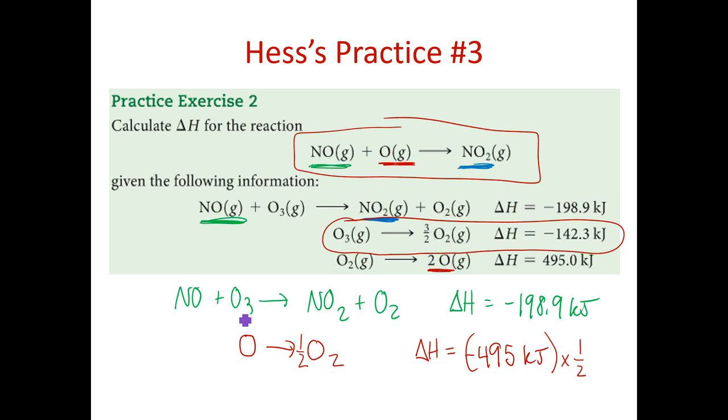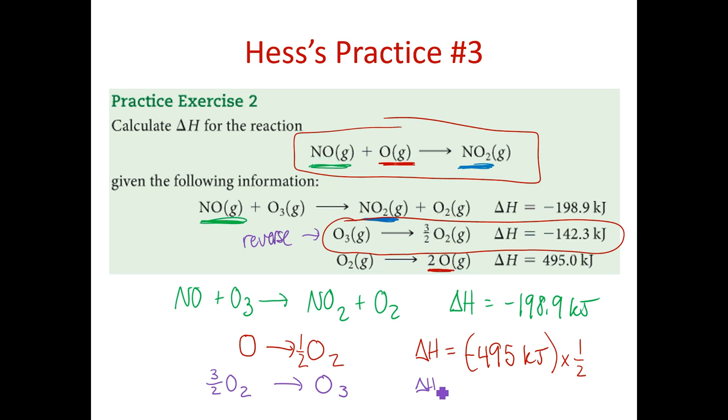If I want the O3 to cancel out, in this reaction it's on the left, I want it to be on the right in this equation. So I'm going to reverse this equation. That will give me 3/2 of an O2 on the left and then 1 O3 on the right.